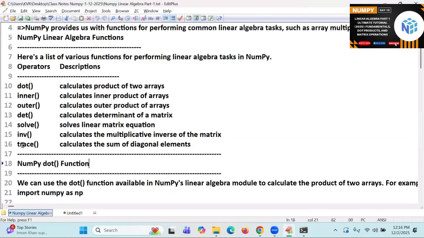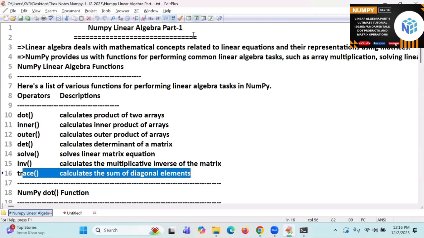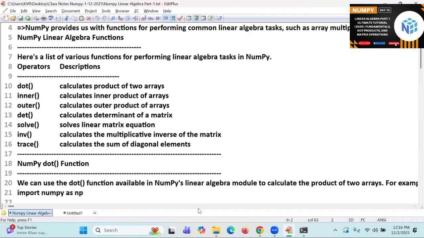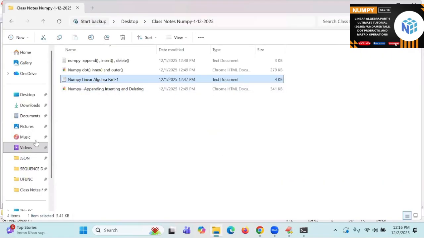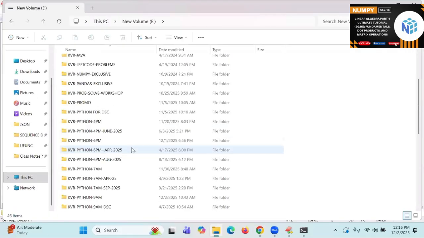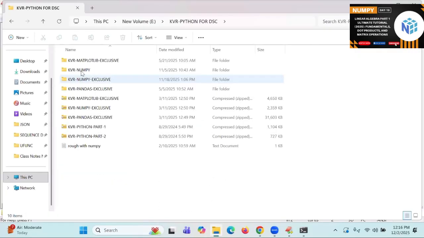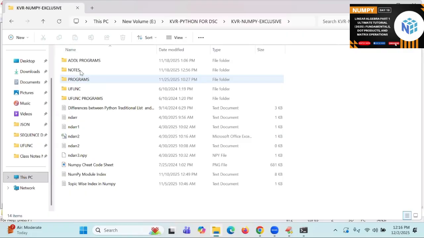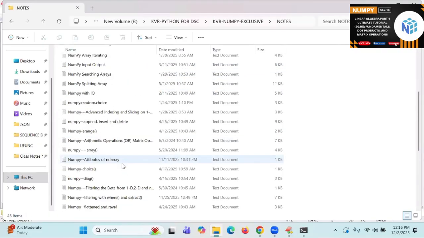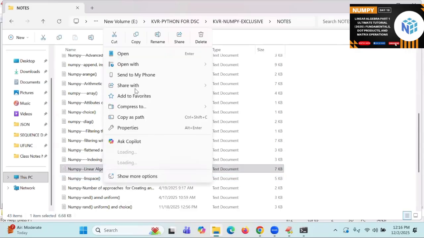Let us move on, the trace part is completed. Next, these are called linear algebra functions. In my class, if you go to my regular notes, let me show you here. If we go to this place, I'm having linear algebra in this place.